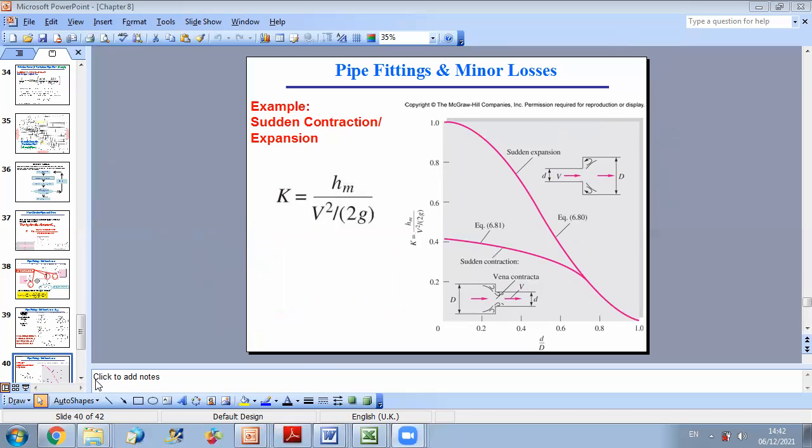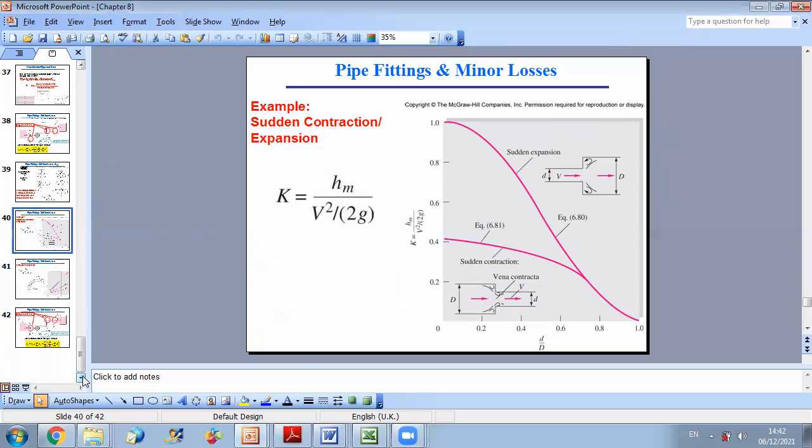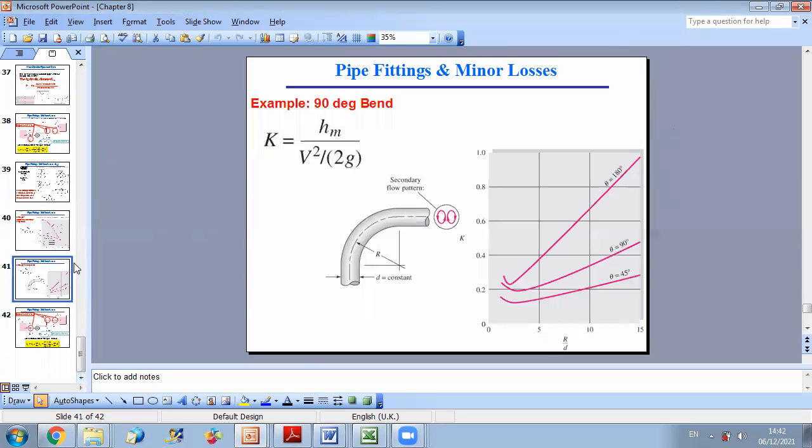So this is about losses. Now each type of fitting will have a table or a graph. For example, here you can see that depending on the angle of the bend, the value of K will change.